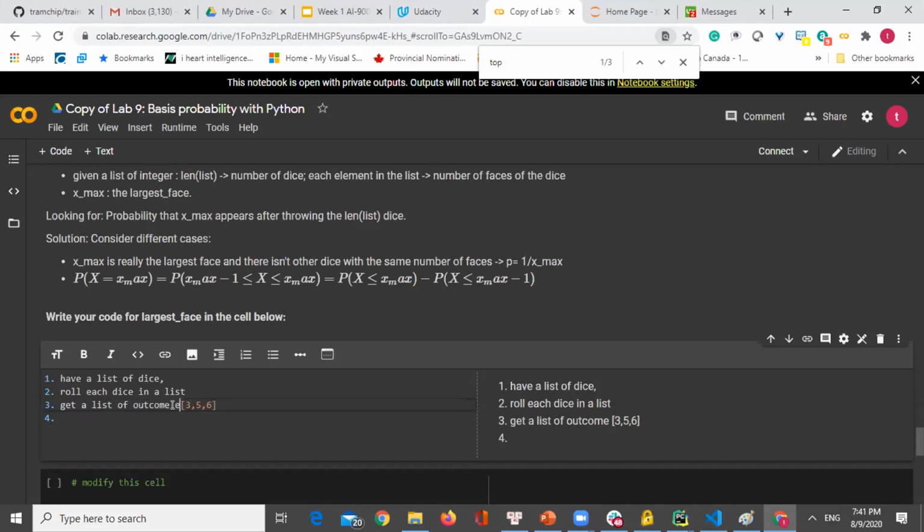After you get your list, you make a second experiment. You compute the max value. Do we need to roll a second time? No, you already rolled each of them at the second step. Oh, okay. And now we try to see what is the maximum value.